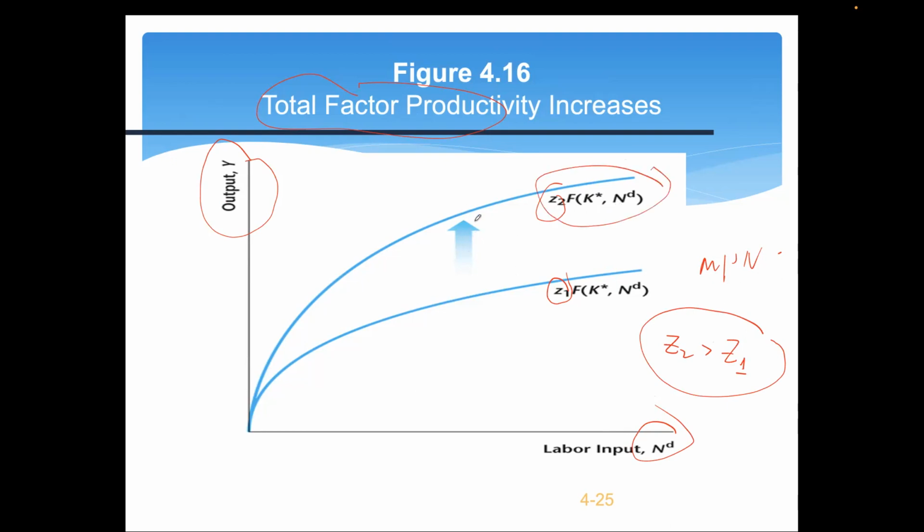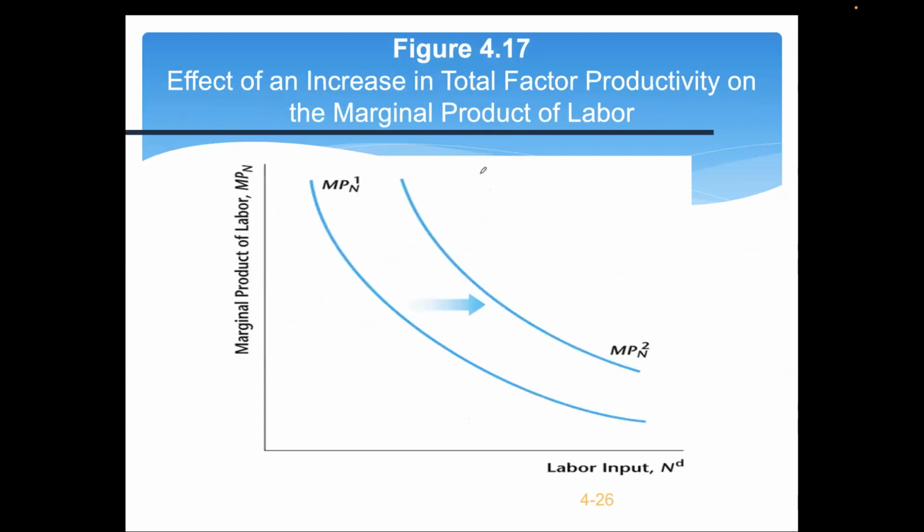The entire curve shifts up. At any point of n, you can see the slope is going to increase. This immediately means if there's an increase in TFP, the curve is going to shift to the right. Meaning, given n, the marginal productivity of labor is going to increase after Z2 is introduced.